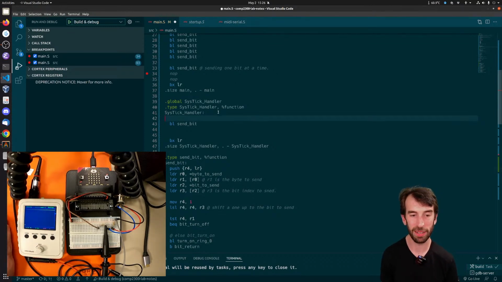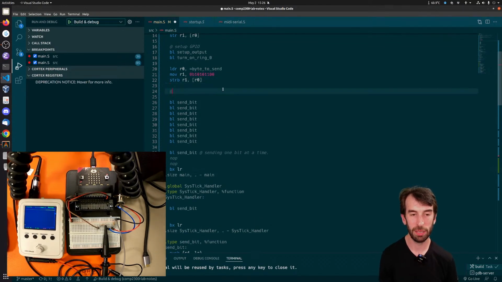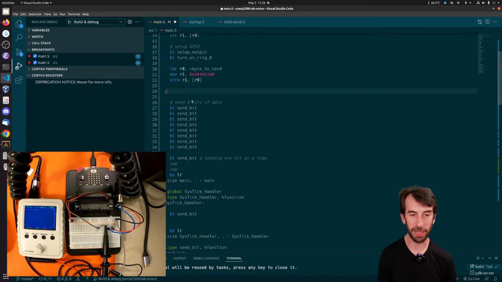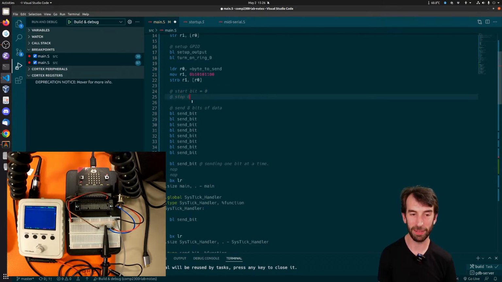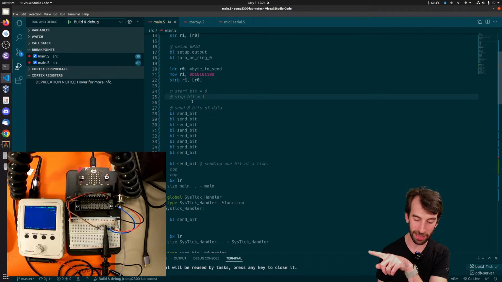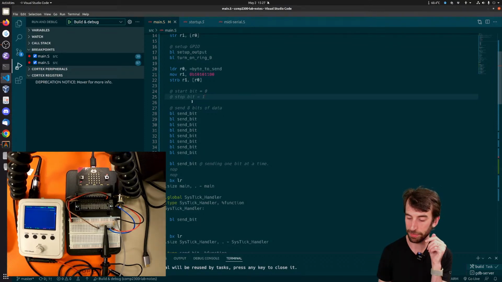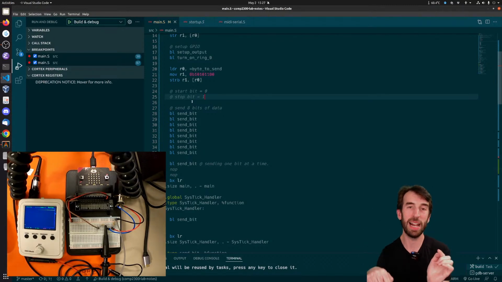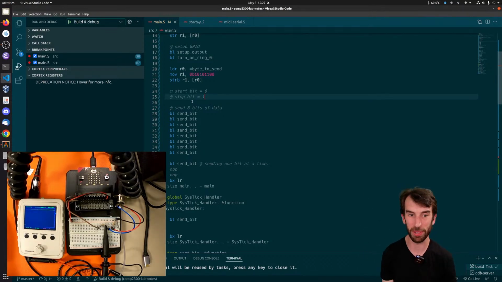And in fact, I've missed something, because at the moment I've got the 8 bits of data, but I wanted to have the start bit, which is 0, and the stop bit, which is 1. Because we just looked on that slide previously that the serial protocol typically uses a downward transition to say, I've started my transmission now. So I need to set up that start bit and stop bit, which I'll do in a minute.